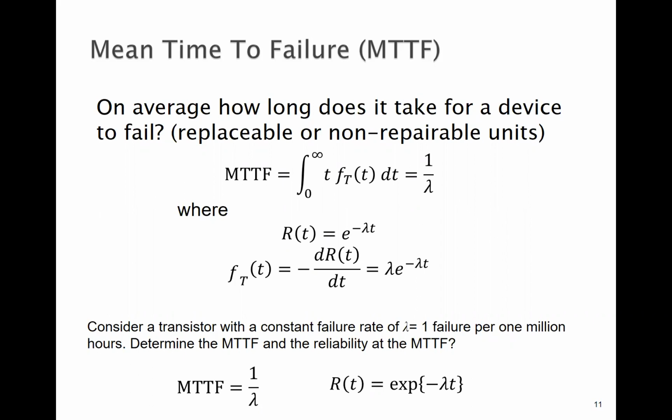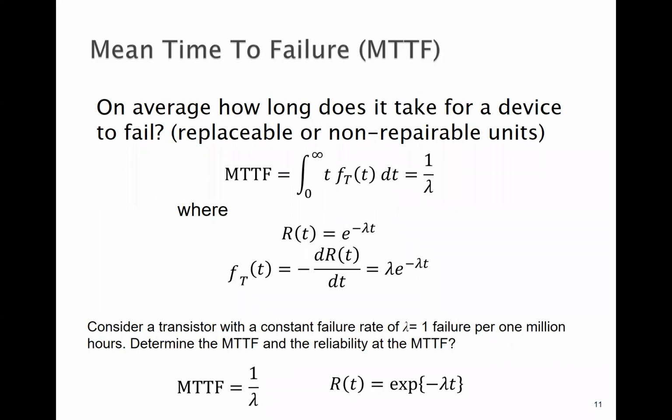So from the mean value formula, we simply write the integral of t times f sub T of t from 0 to infinity with respect to t. This gives us 1/λ if we take f of t as in the previous slide.